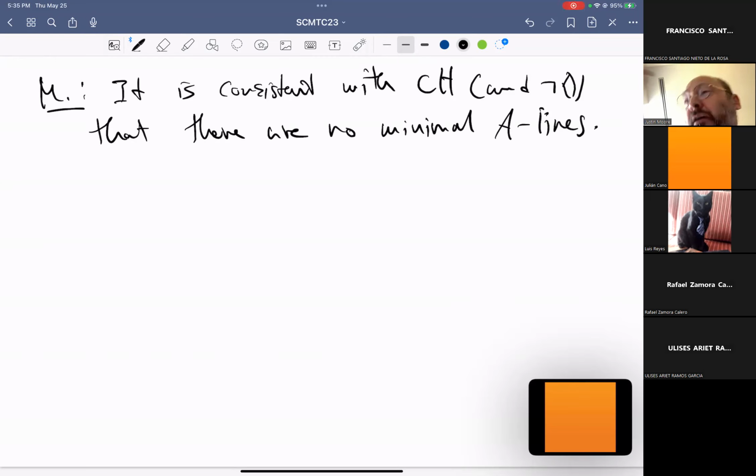That is, there are no Countryman lines which are minimal, and there are not even Ehrenfeucht lines which are minimal that are non-Countryman.